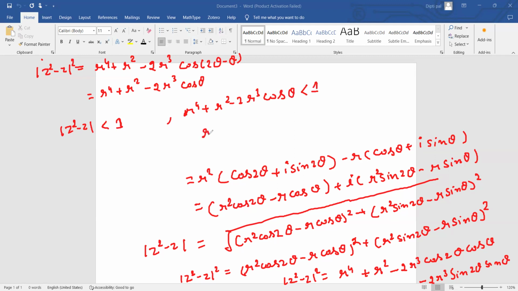So it means r to the power 4 minus 2r cube cos theta plus r square minus 1 less than 0. Hence, the region is the interior of the curve.